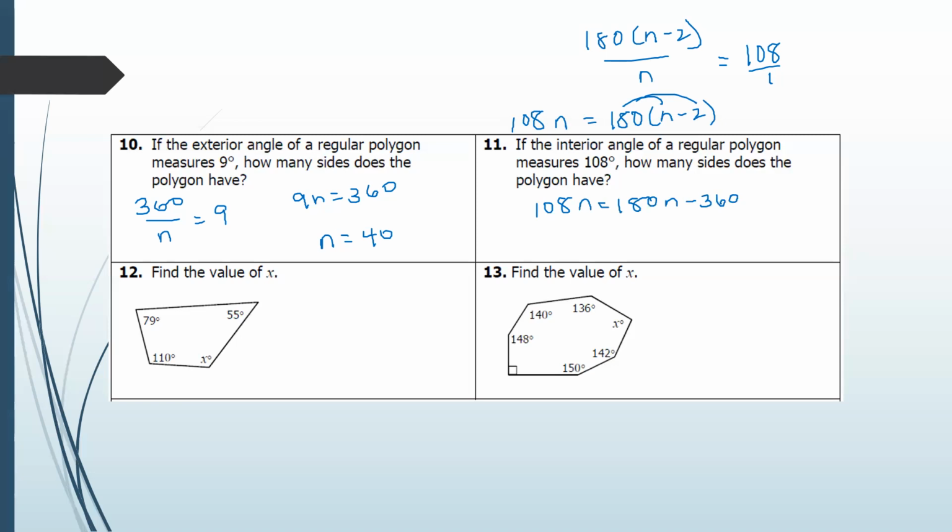I get negative 72n equals negative 360. We're now going to divide by negative 72, and a negative divided by negative is positive. So n equals 5. This was a tricky one because it was using the measure of one interior angle and asking us to find n.